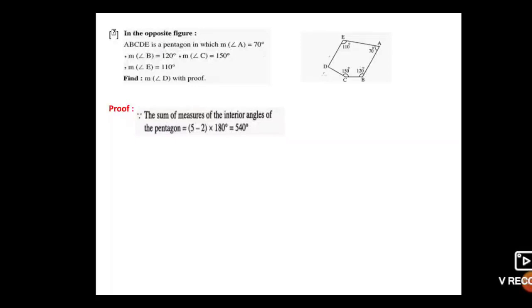The sum of the measures of the interior angles of the pentagon equals 5 minus 2 times 180, which equals 540. This is the sum of all angles. You have 4 angles, so subtract their sum from 540. Now the result will be 90. This is the measure of angle D.